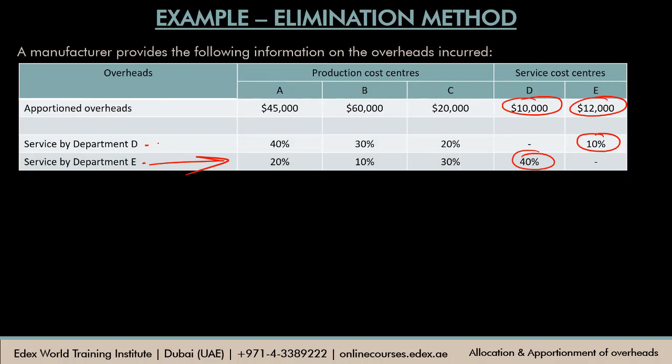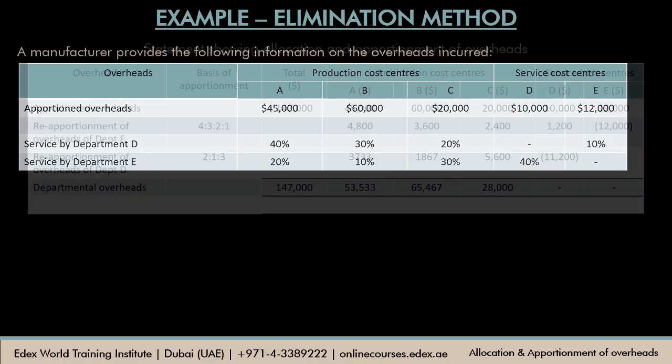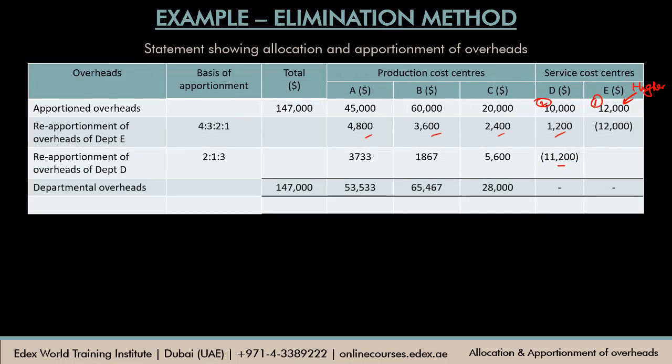Even though service cost center D is providing services to service cost center E, we will not apportion the overheads to service cost center E, because somewhere the service cost center cost have to be eliminated. At the end, service cost center's cost have to be 0. If any cost remains here, it means that will not be absorbed by the cost units.